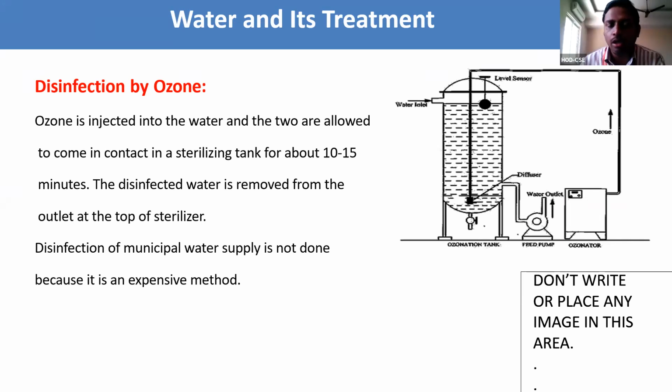To perform this, ozone, nothing but O3, is injected into the water, and the two are allowed to come in contact in a sterilizing tank for about 10 to 15 minutes. Here, the disinfected water is removed.